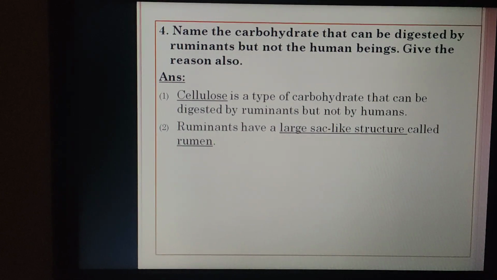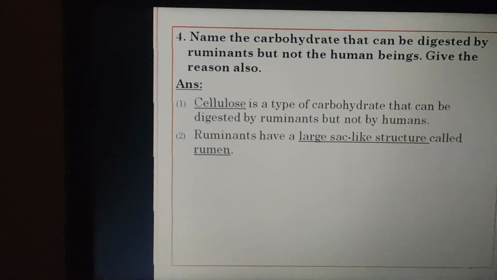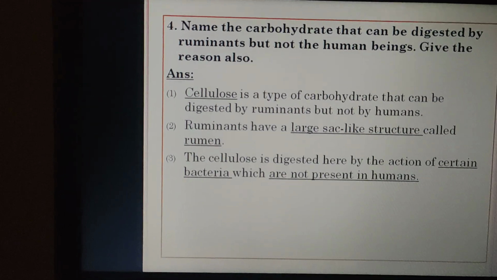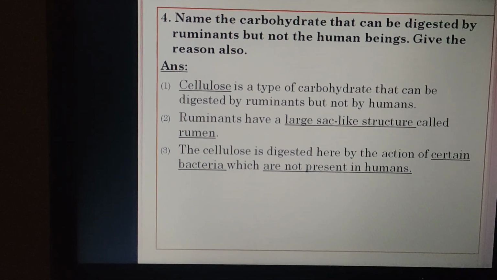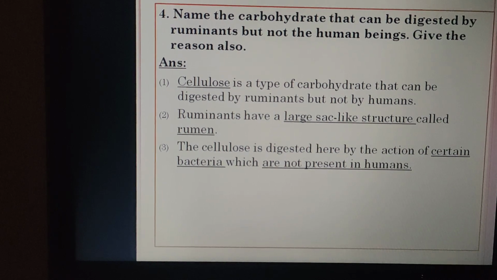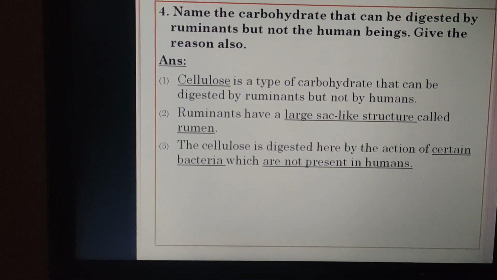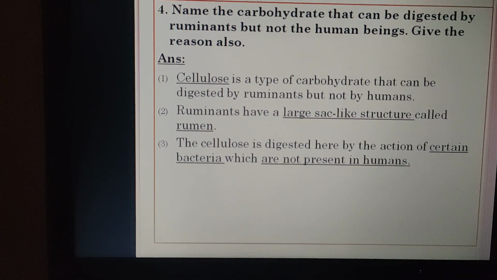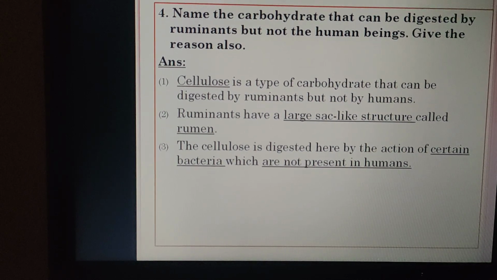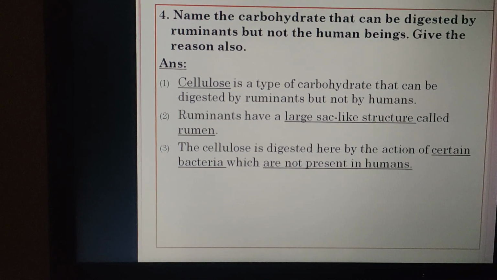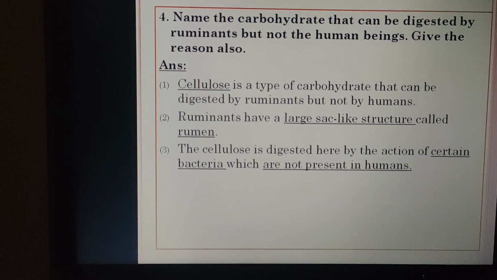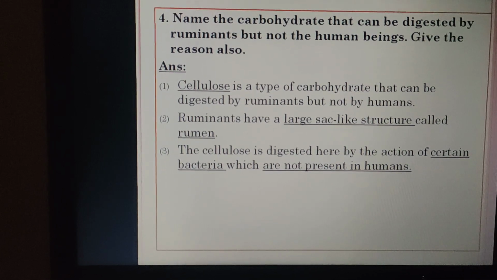The second reason is that inside this rumen some important bacteria are there which digest the cellulose, which again are not present inside humans. Due to these 2 reasons, human beings cannot digest cellulose but ruminants can. Understood? Because of this rumen and that bacteria.